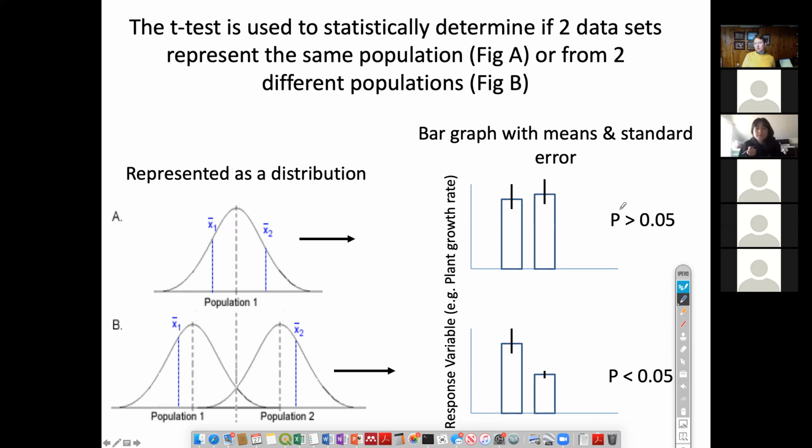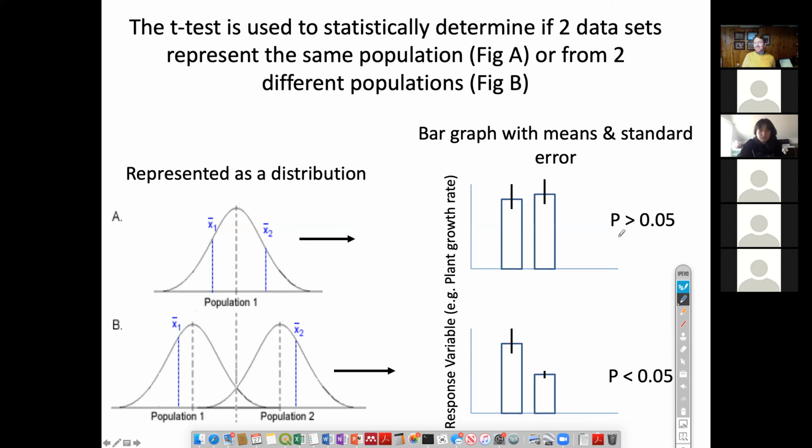Doesn't it have to do with the null hypothesis, Professor? It does. Well, that's exactly what I'm trying to say. The null hypothesis is that these are from the same population. The null hypothesis says these are from the same population. So the probability, the p-value here, is the probability that I falsely reject the null hypothesis.